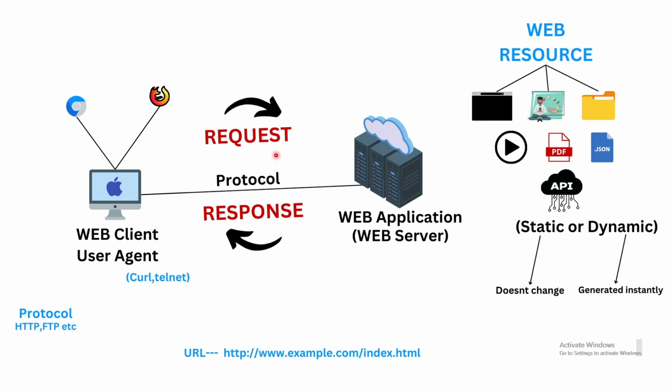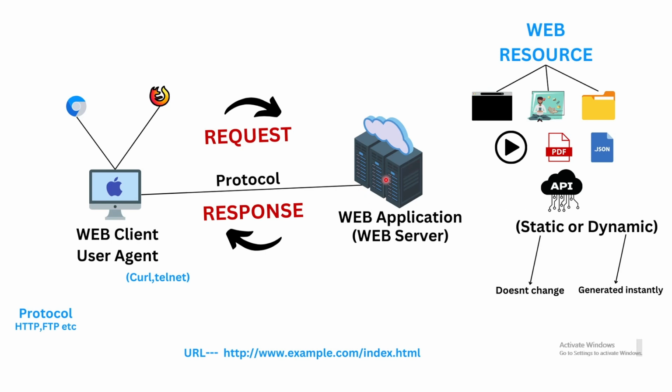If I want to give a summary or overview: the web client sends a request, and depending on whether the request is for a static or dynamic resource, the web application gives a response to the web client.